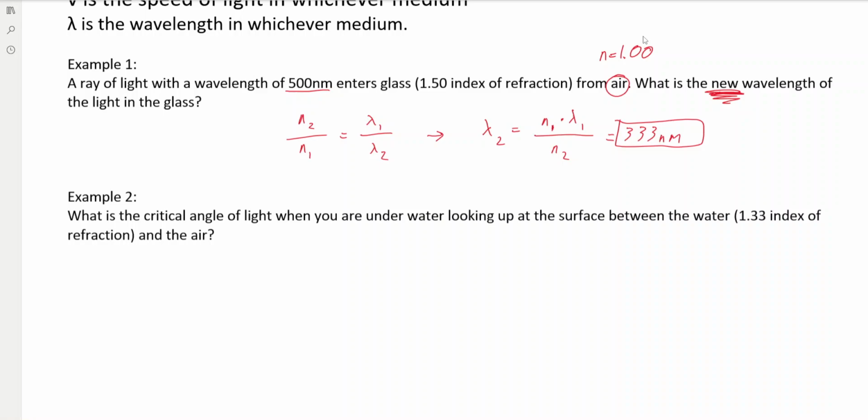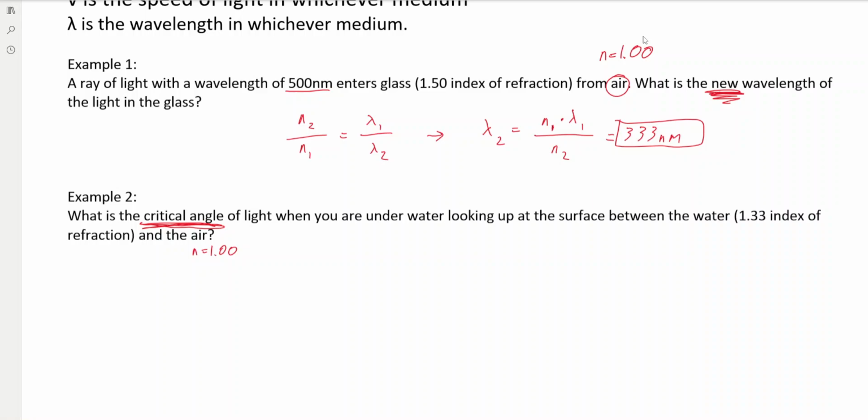The second one says, what is the critical angle of light when you are underwater looking up at the surface between the water and the air? Okay, the index of refraction of water is 1.33, and the air you can look up. So again, the air is 1.00. Now, if we're looking underwater to the surface, we have to go in that direction.